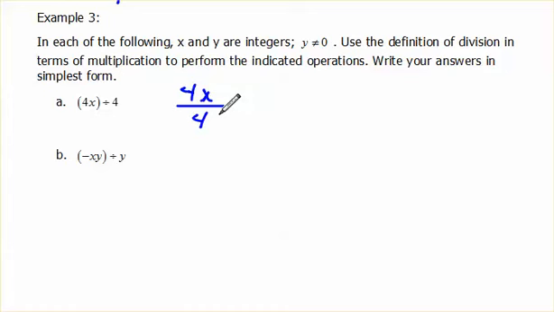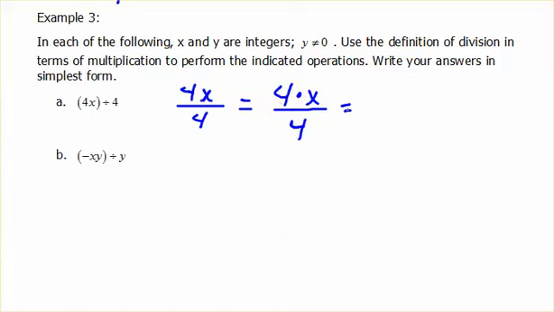Now, what they mean by in terms of multiplication is I'm going to show you why this is possible to do, and then hopefully you'll be able to do the next one without having to go through all these steps. This 4x, doesn't that truly mean 4 times x over 4?